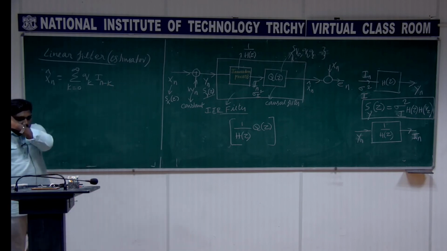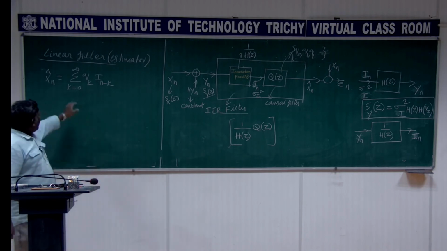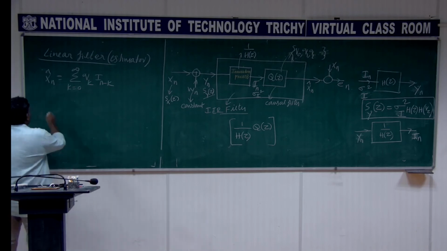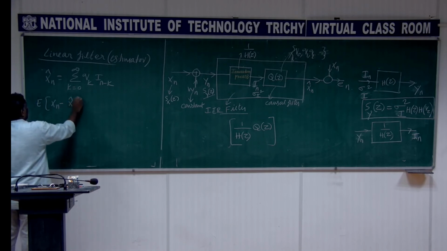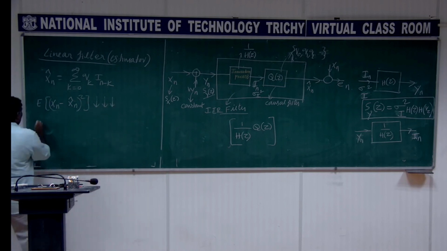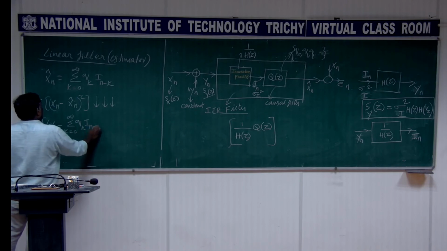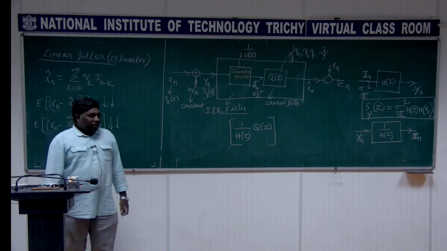This is a relationship where I is that noise, the input here, and we get this X(n) cap as output. And we need to minimize the expectation of X(n) minus X(n) cap, the whole square. So you get this: X(n) minus the sum over k equal to 0 to infinity of q(k) I(n minus k), whole square, to be minimized, right?